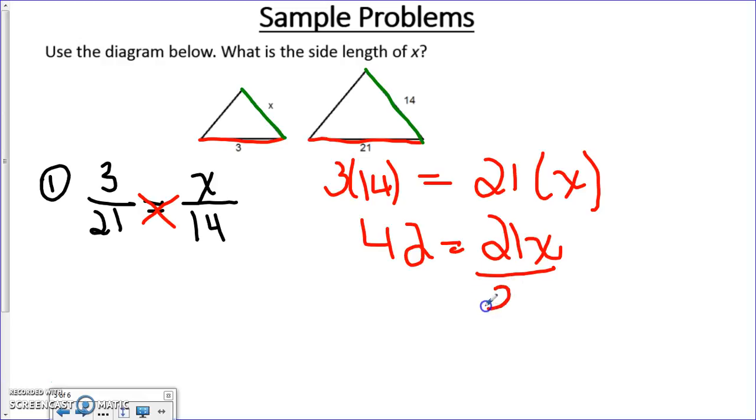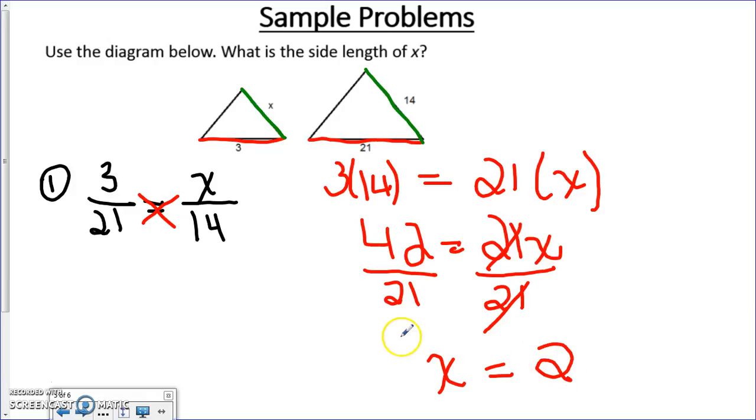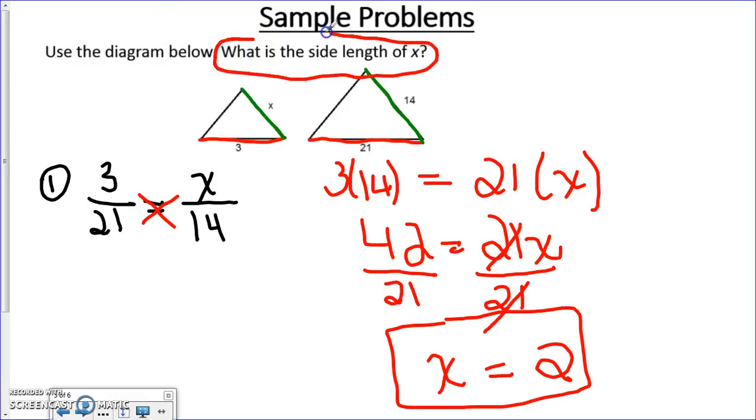Divide both sides by 21. And you get x is equal to 2. The question was, what is the side length of x? There are no units. Remember, go back and answer the question. So since there's no units and all it's asked is what is the side length of x, you can leave your answer as x equals 2.